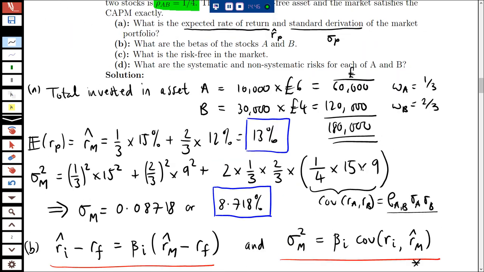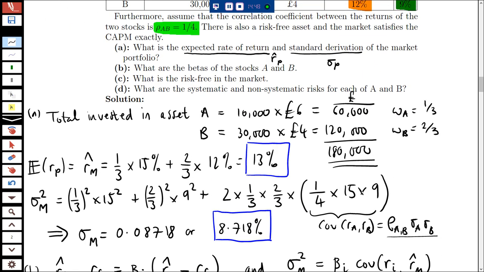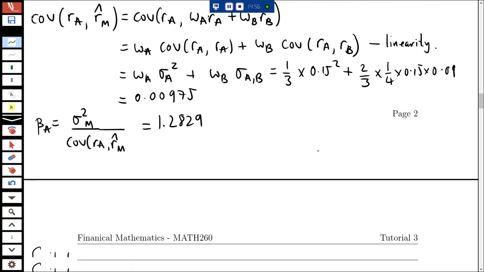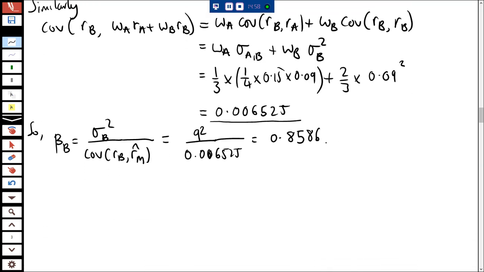Okay, this is a big calculation. So we've got those betas. Part C, what is the risk-free rate in the market? Well, it should be relatively obvious. We need to use the other equation, which contains the variable rf.